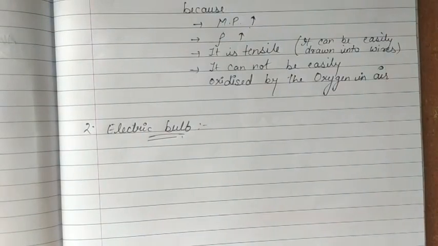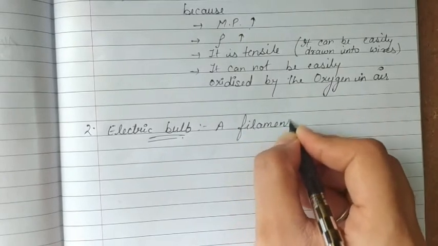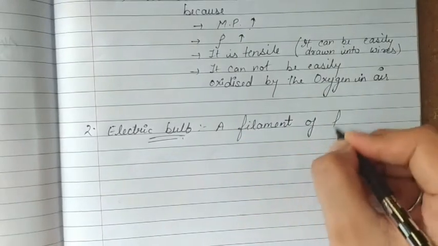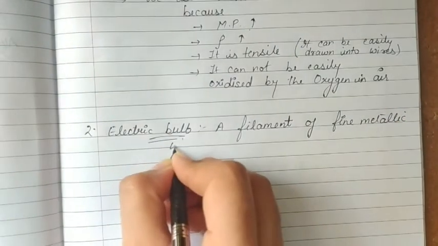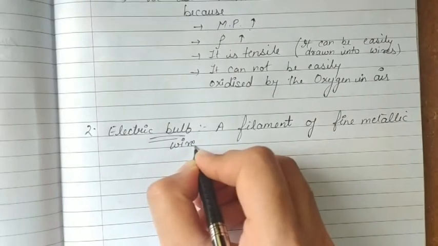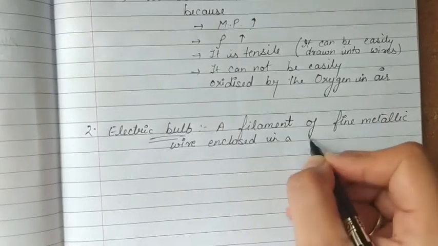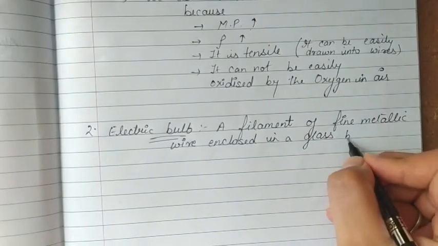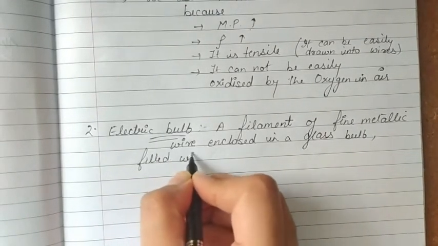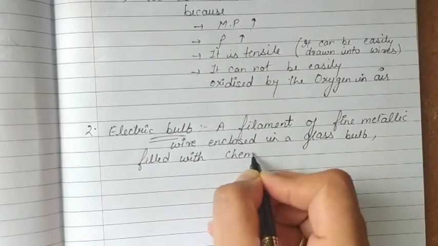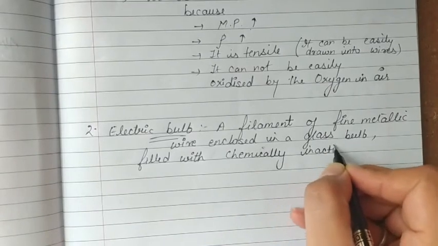So in this phenomena we use a filament, a particular kind of filament of fine metallic wire, generally enclosed in a glass bulb that is filled with chemically inactive gases.